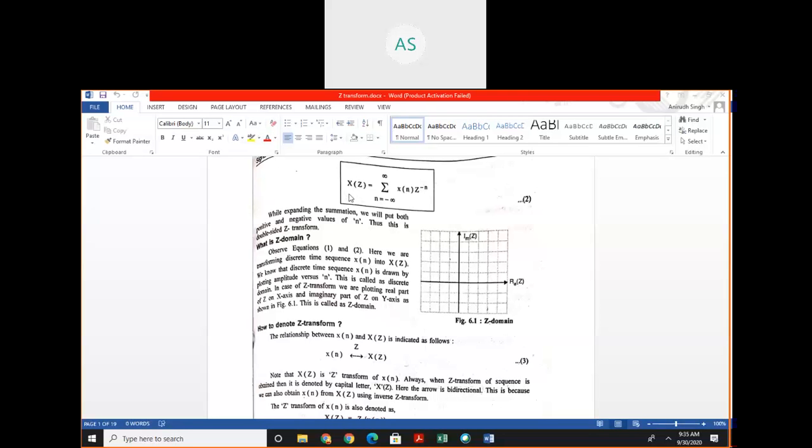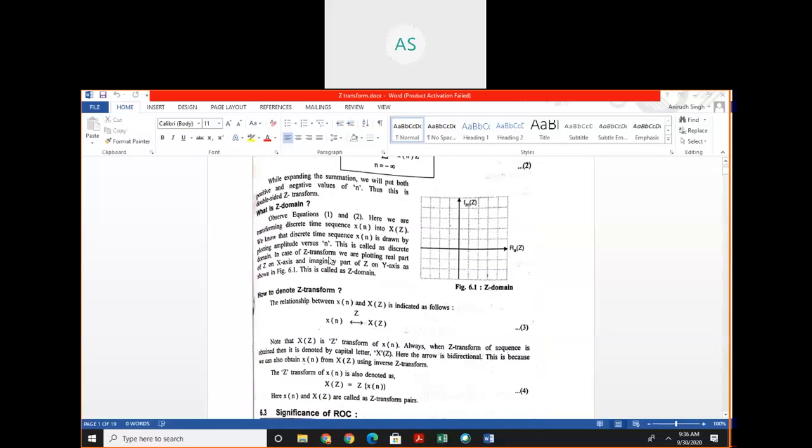So we can say that if mod of z is greater than the greatest pole, then the system is causal. If mod of z is less than the least pole, then the system is anti-causal. And if mod of z is between two poles, then the system is non-causal. So this is the representation of the Z transform.